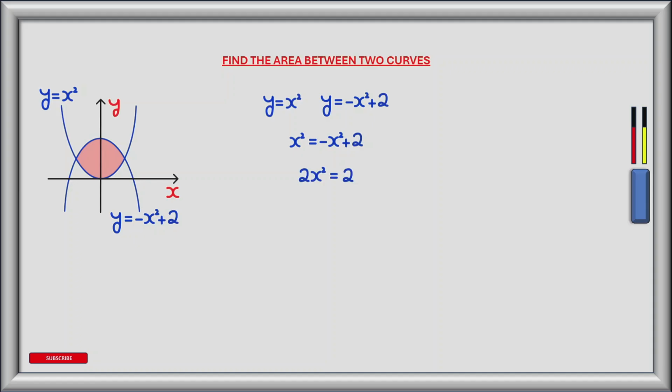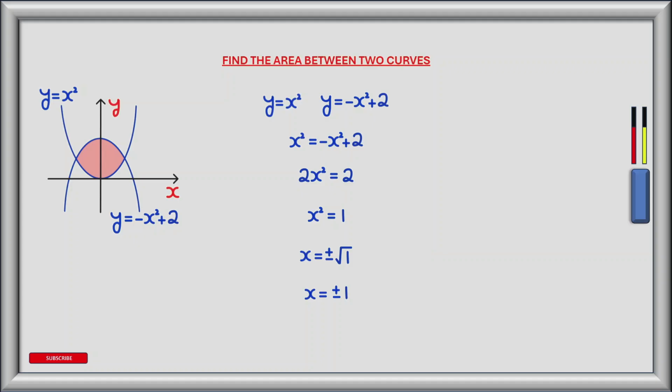Adding x squared to both sides of the equation gives 2x squared is equal to 2. Dividing both sides of the equation by 2 gives x squared is equal to 1. It follows that x is equal to plus or minus the square root of 1, and therefore x is equal to plus or minus 1.